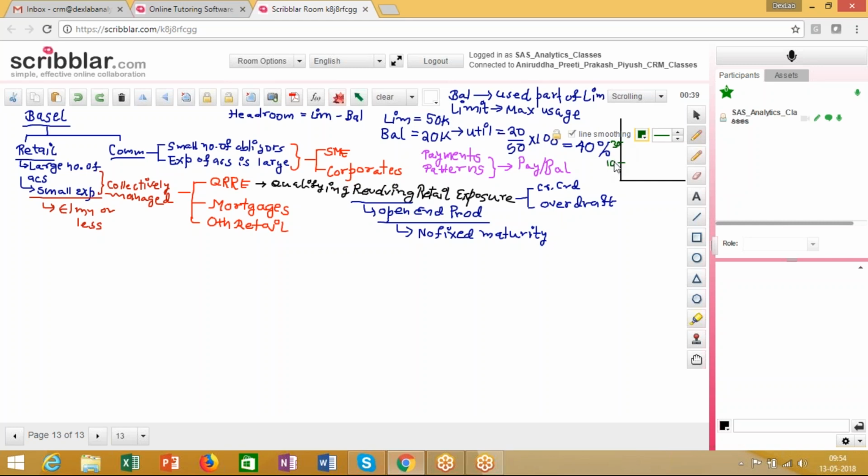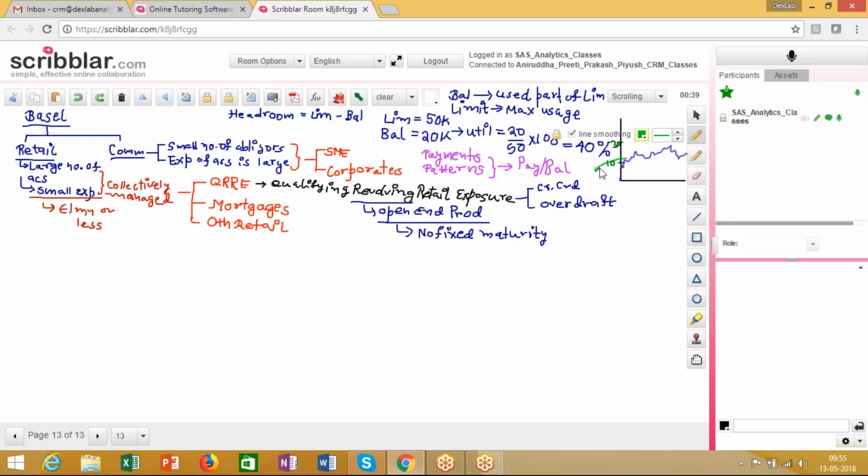So it remains between 10 to 30%. So my utilization always remains within the band of 10 to 30.